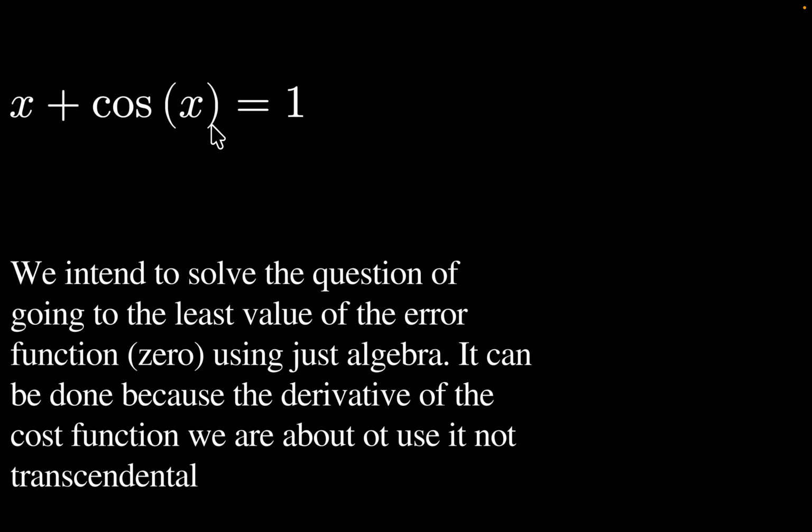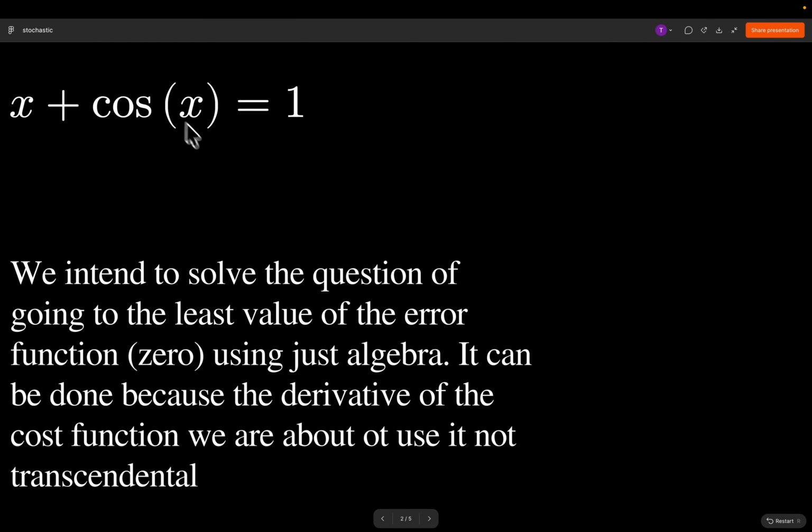It looks easy, and it seems easy at first glance. Of course, derivatives of cost functions like log loss look more complicated, but the heart of them is represented by this equation. We cannot solve it mathematically. We cannot use anything to get something like x equals something.